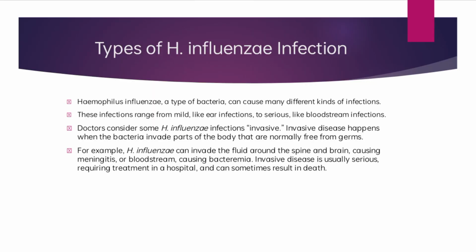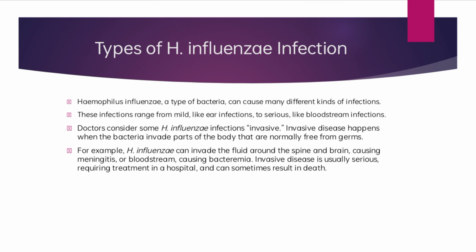Types of Haemophilus influenzae infection. Haemophilus influenzae is one of the bacterial diseases. The infections cause ear infection and serious bloodstream infections. Doctors consider invasive disease, which means germs easily enter freely into the body.